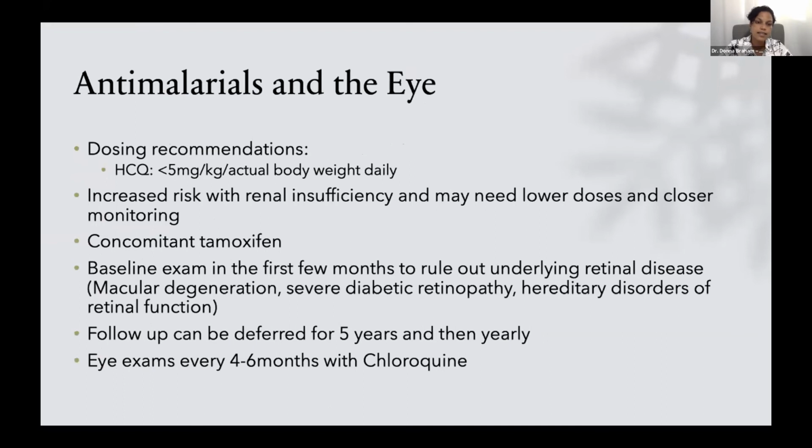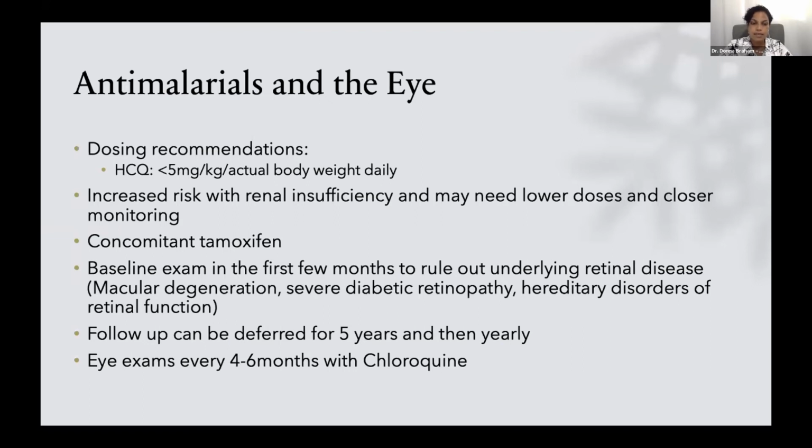Antimalarials and the eye: the dosage recommendation is to give less than 5 milligrams per kilogram of the actual body weight daily. And patients who have renal insufficiency, or patients who are also on tamoxifen, may need a lower dosage than that and may need closer monitoring.